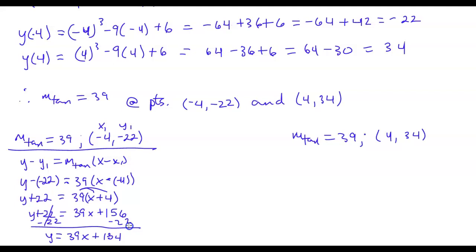All right, so now we will go and do the same thing here. So y minus y1 equals m times x minus x1, where this is x1, y1.